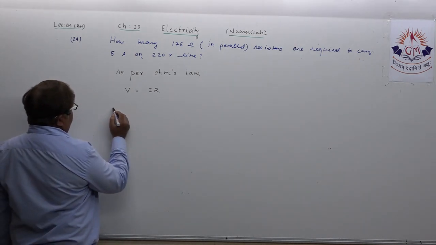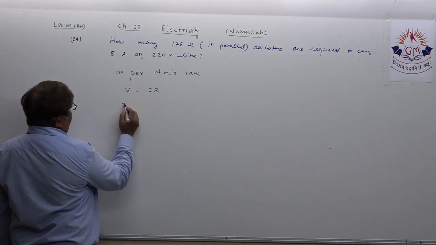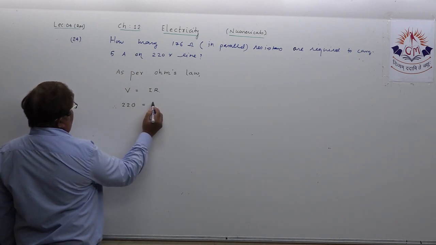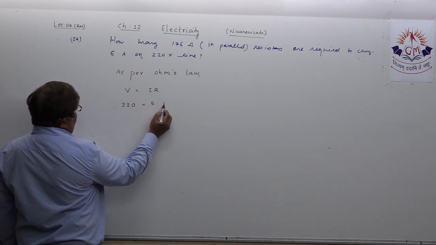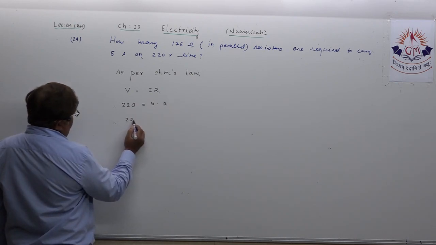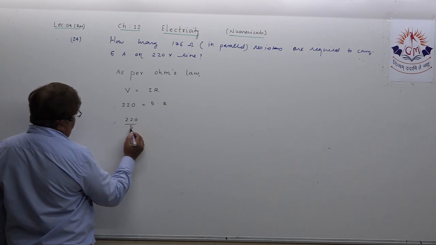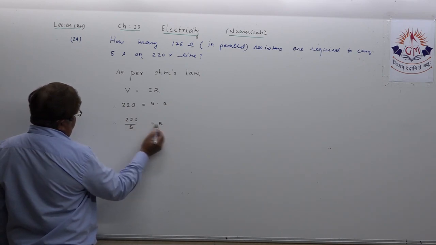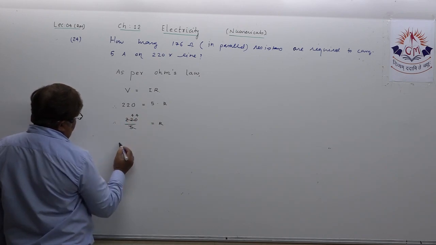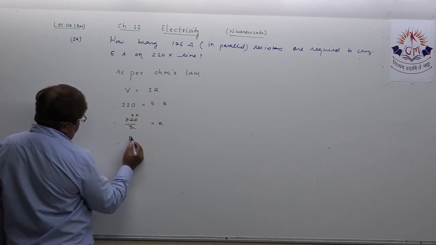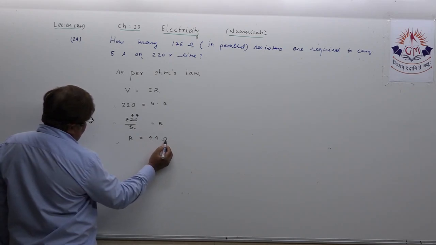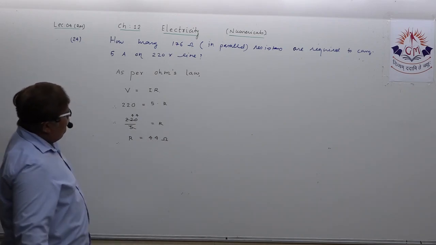Let us substitute the values. V is 220, I is 5, into R. 220 upon 5 equals R, 44. Okay. So the total equivalent resistance you got is 44 ohm.